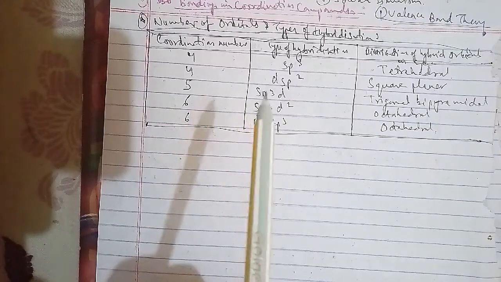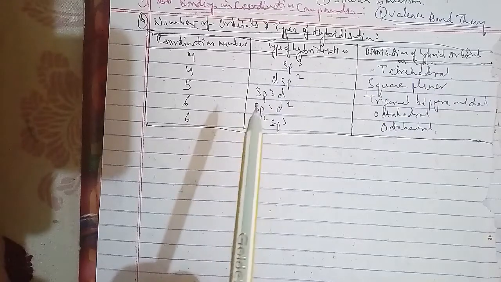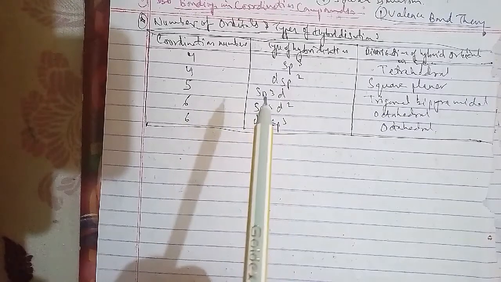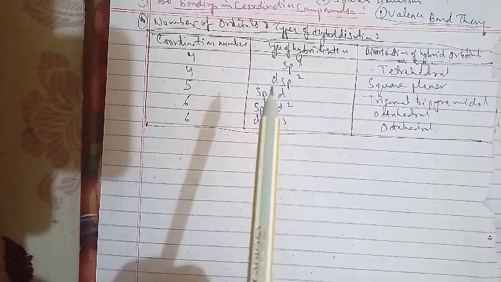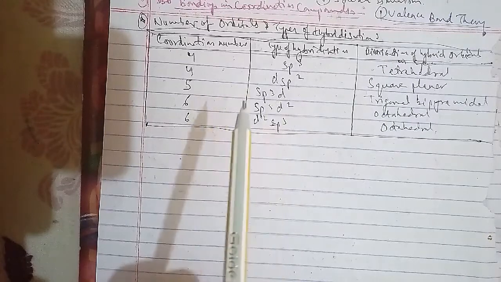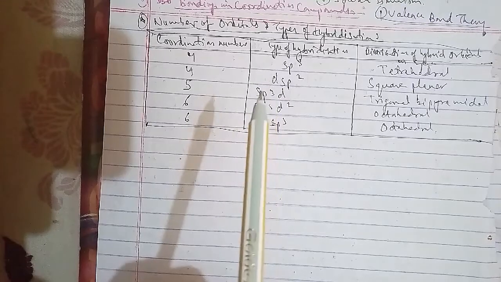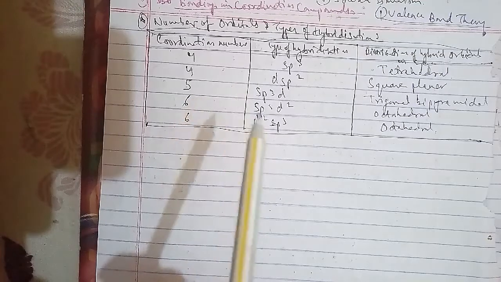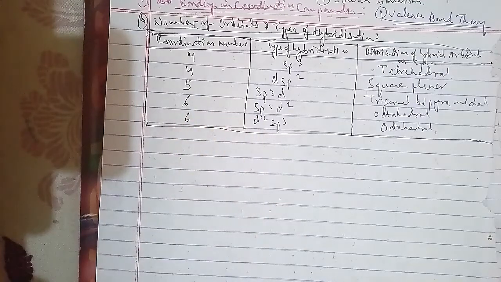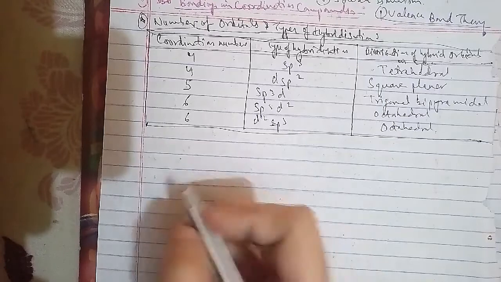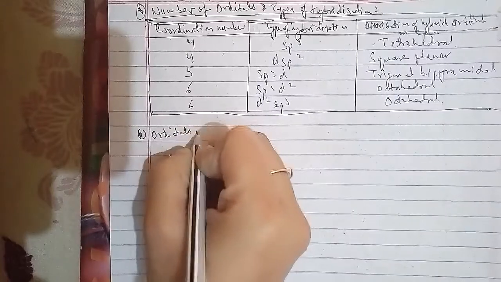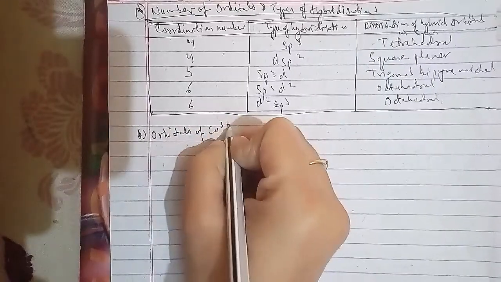This is the d2sp3 hybrid, and this is the t2g set. Next we have the other one, [Co(NH3)6]3+, the inner orbital or low spin complex.